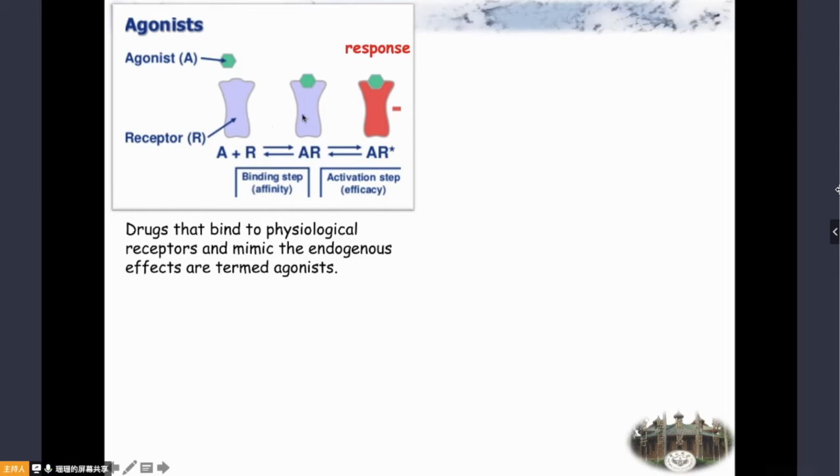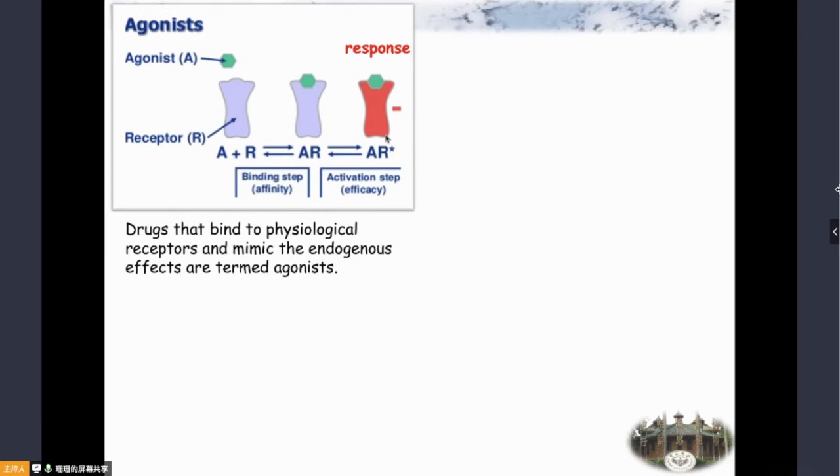The first is binding to its receptor, and the second is to activate the receptor. We use affinity to define the first step, the binding step, and we use efficacy to define the ability of a drug to activate the receptor.